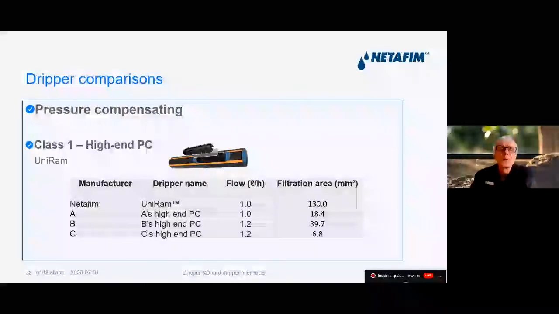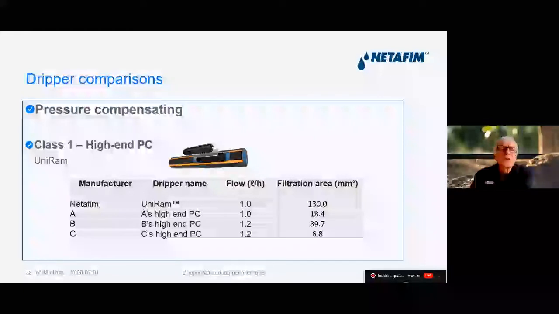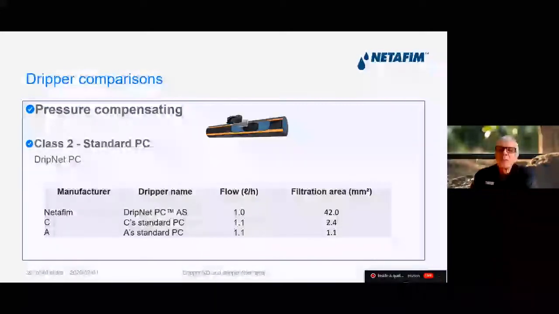And if we look at class 2, this is your standard pressure compensating dripper. You can see that the DripNet PC has got a 42 square millimeter filtration area compared with 2.4 and 1.1 of similar drippers of the same flow rate of our competitors.